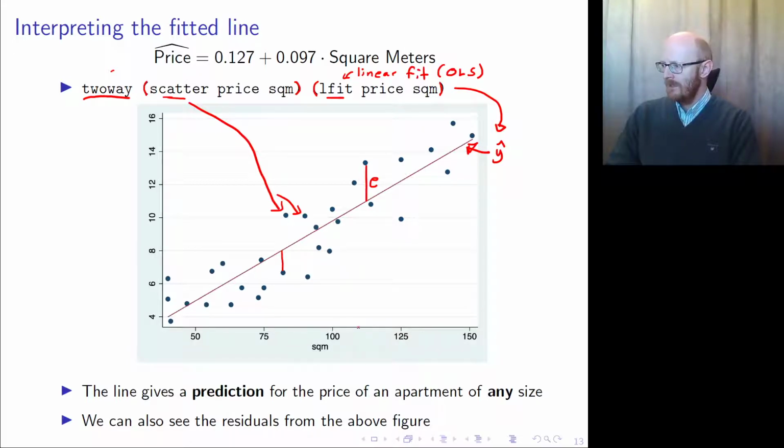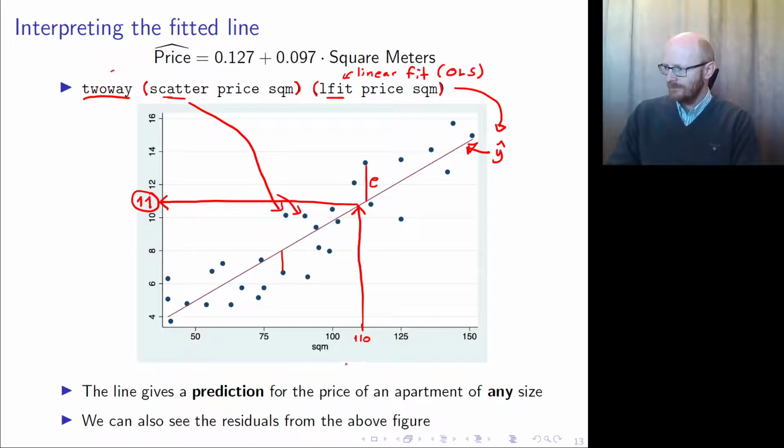So if you would want a 110 square meter apartment, you could easily find that by either looking at the graph here and getting around 11 million maybe, or you could just plug 110 into the equation.